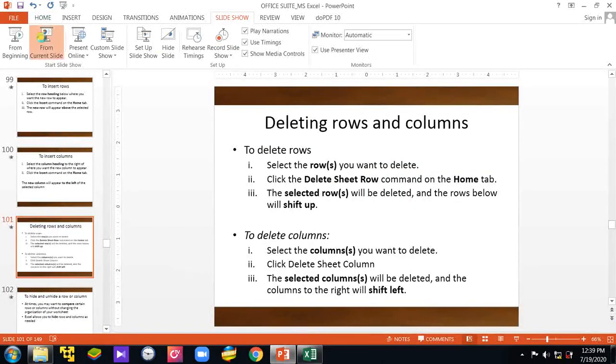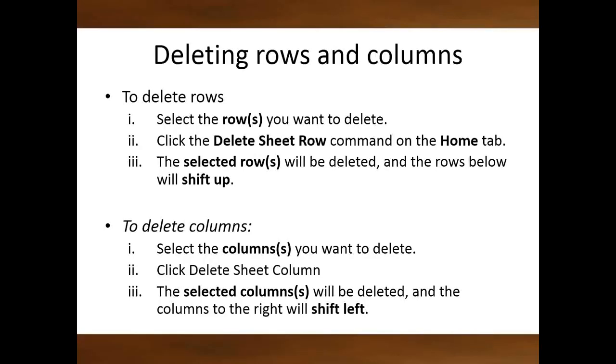Let us look at how we delete rows and columns that we do not need anymore. The steps are given to us as follows. Step 1. Select the rows you want to delete. Step 2. Click the delete command on the home tab. Then 3.